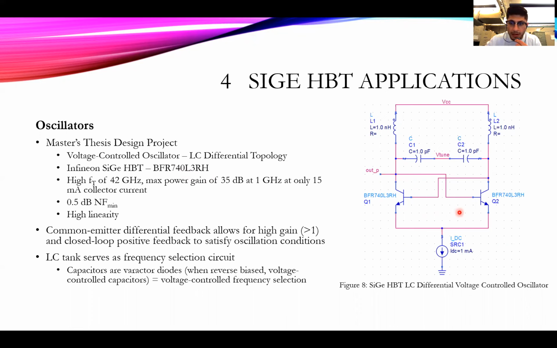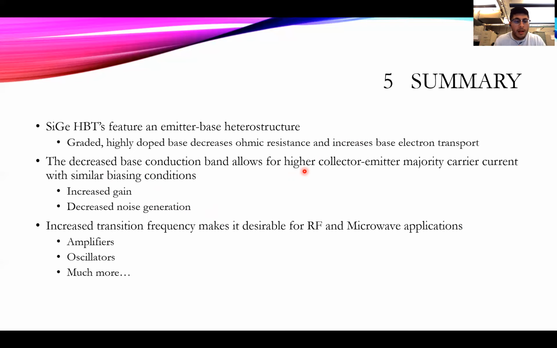Those two are also achievable by the band offsetting, which allows a higher collector-emitter majority current to diffuse from the emitter all the way to the collector, with similar biasing conditions to that of a silicon BJT.